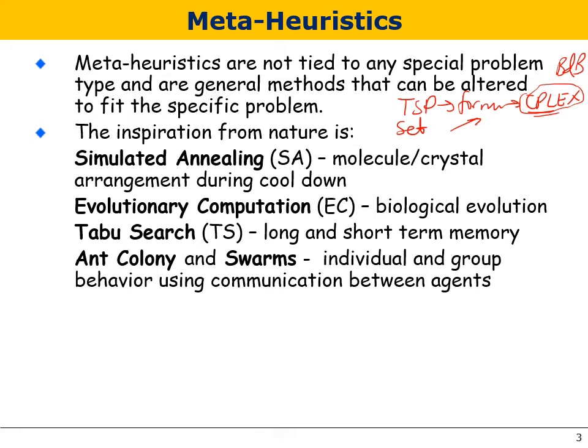If you have any other problem, such as a facility location problem, when you formulate it, Cplex solves it. Again, for TSP, for set covering, for facility location, you can use the tabu search algorithm, but there is no single way of formulating the problem and using the same tabu search algorithm.